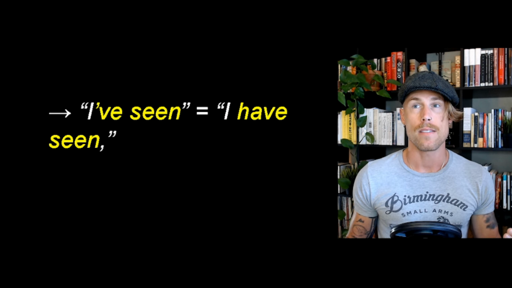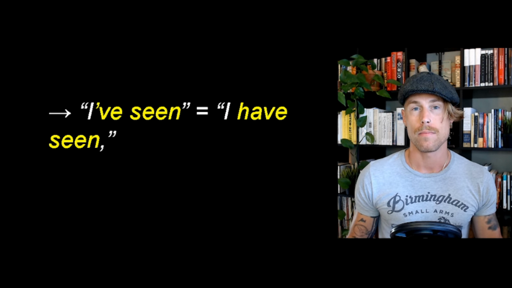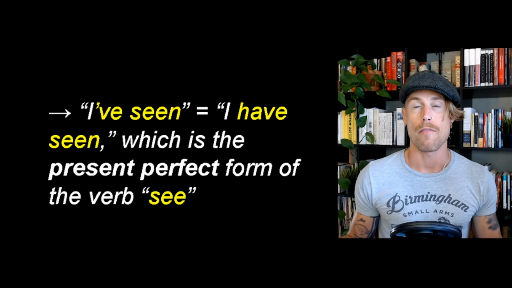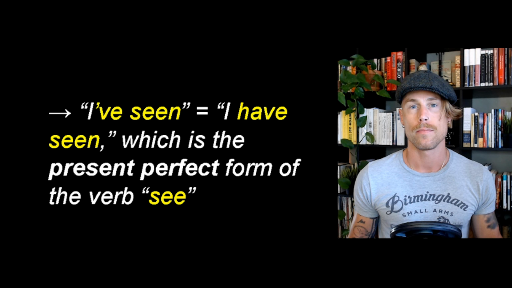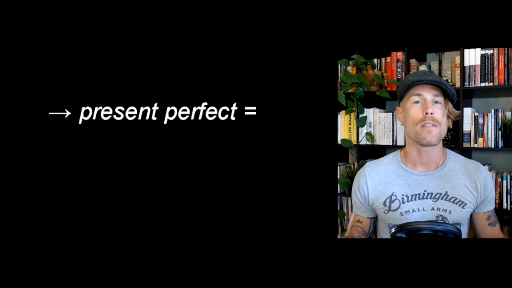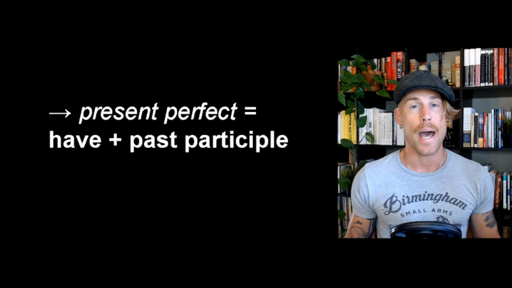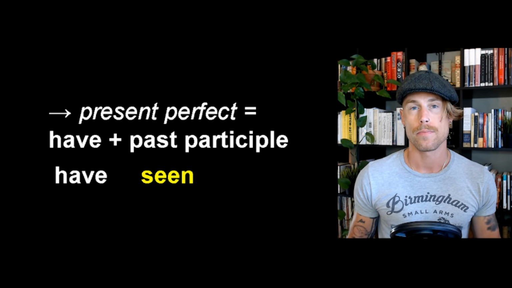I've seen means I have seen, which is the present perfect form of the verb see. Present perfect is have plus past participle. Have seen.